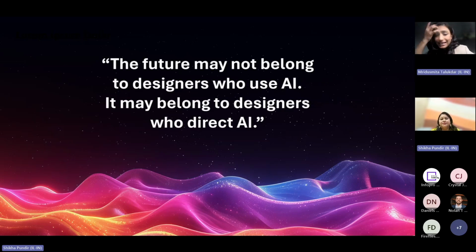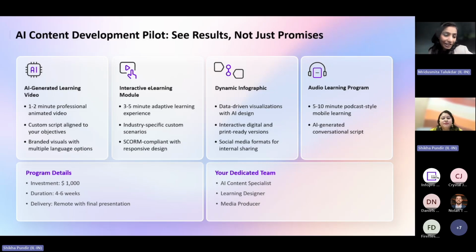Quickly moving on to the last slide. I think we're over the hour. I'll just take the last couple of minutes. The goal is simply not adopting, right? If you see the content development pilot, we want to see results and not promises, because the goal is building AI enabled learning capability, and capability comes from workflow redesigning.